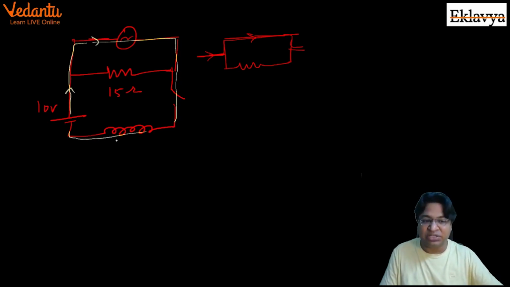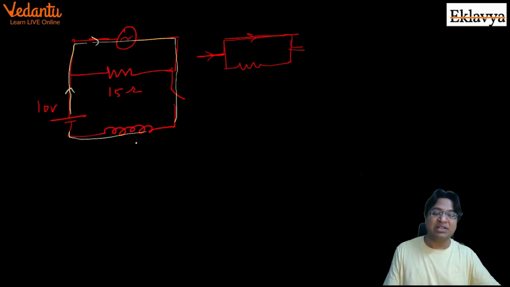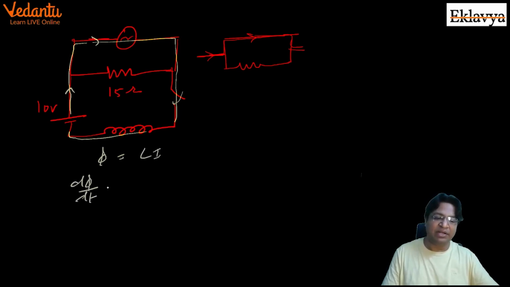The inductor has no resistance, the fuse wire has no resistance, the battery has no resistance, so we have a resistance-less path. Now, when you connect an inductor in a resistance-less path and then you close the switch, what happens? The flux in the inductor is given as Li, and this flux will begin to grow. So d phi by dt will become L di by dt.